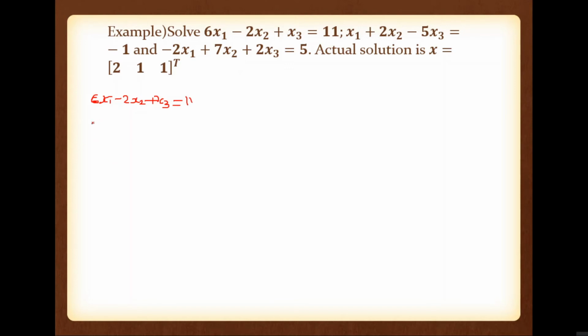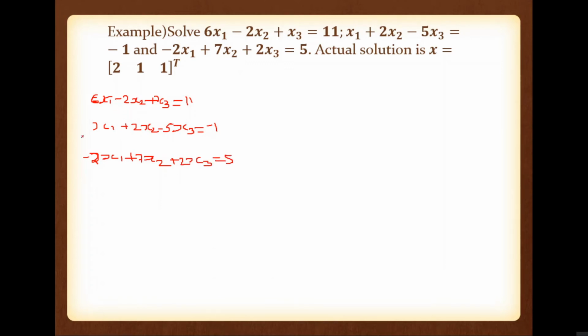Now x1 plus 2x2 minus 5x3 equal to minus 1. Then minus 2x1 plus 7x2 plus 2x3 equal to 5.